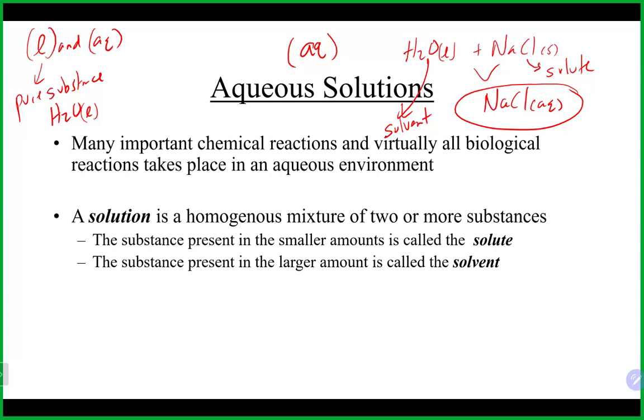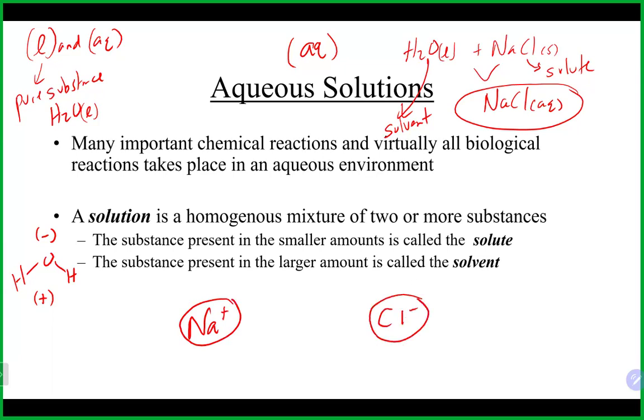Why is water a really good solvent for ionic compounds? As we know from bonding, water is a polar molecule, which means that it has a negative side, the oxygen side, and a positive side, the hydrogen side. That works really well for sodium chloride or really any ionic compound, because when sodium chloride goes for a swim, it will break apart into a sodium ion and a chloride ion.